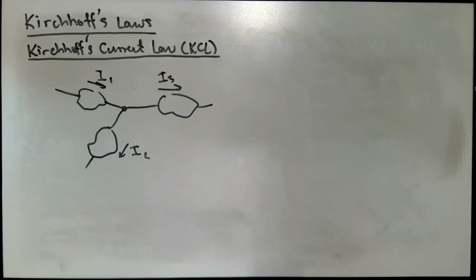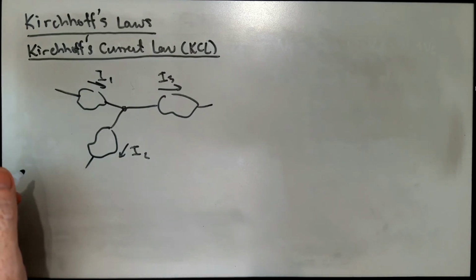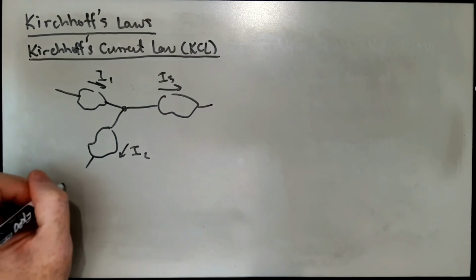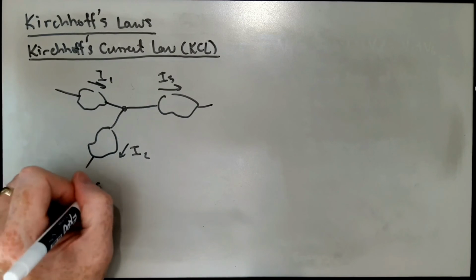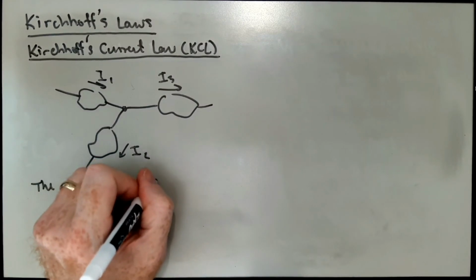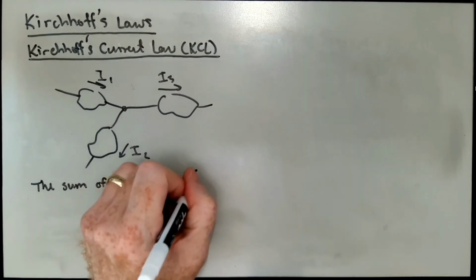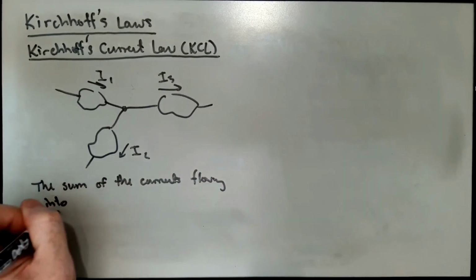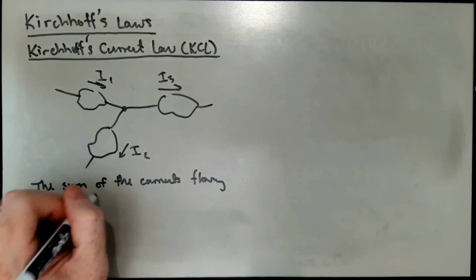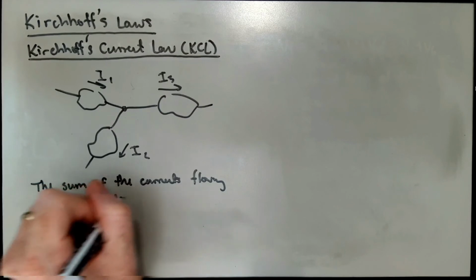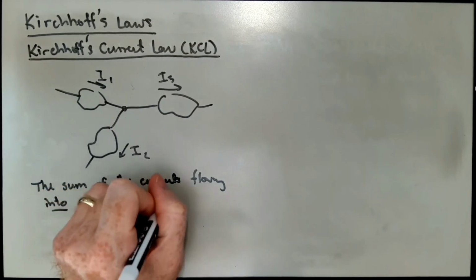And this basically says that the sum of the currents flowing into a node is 0 amps.